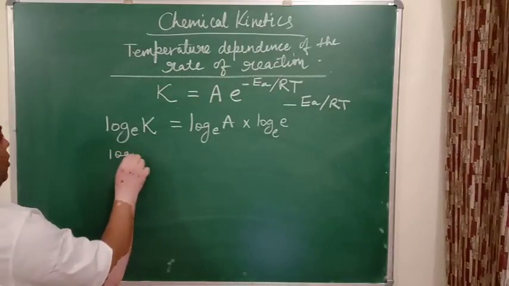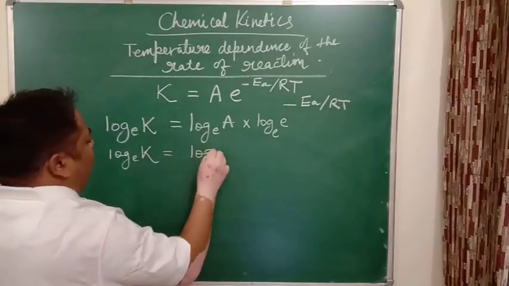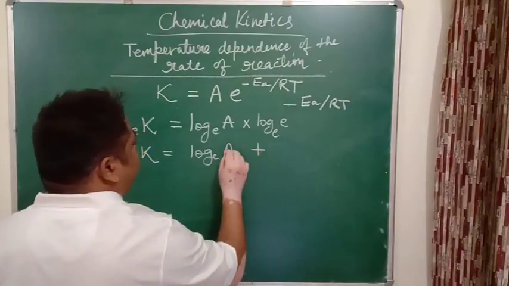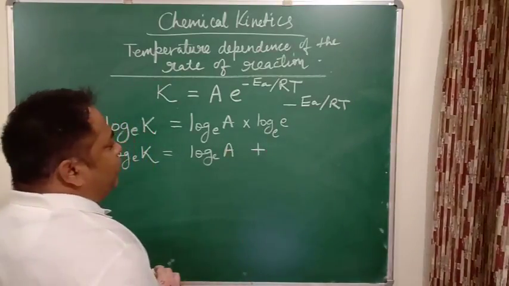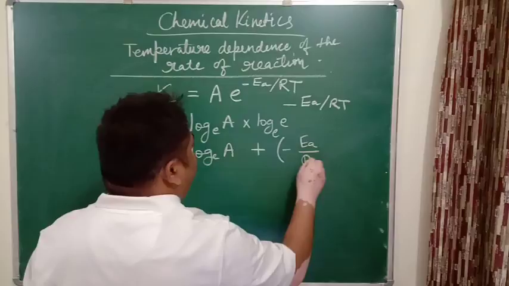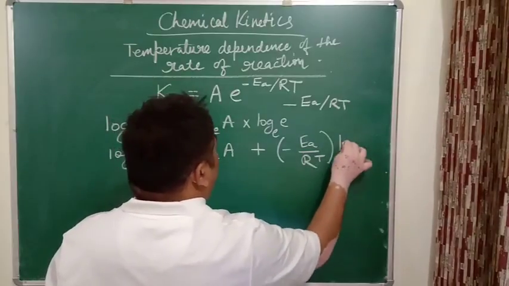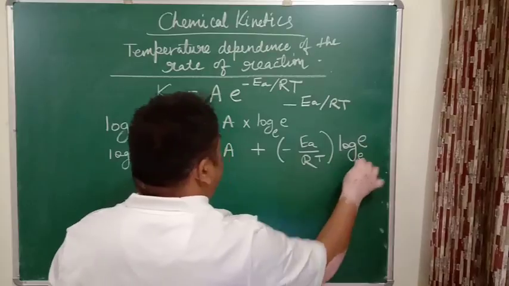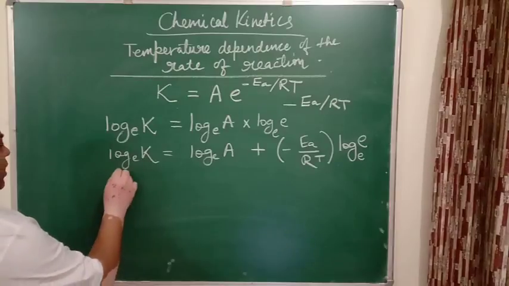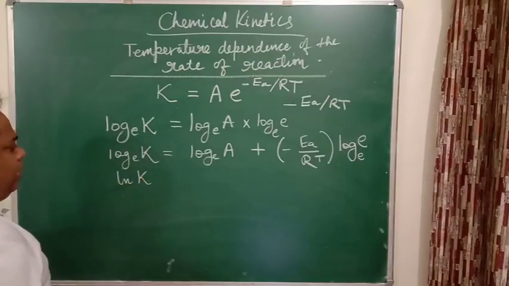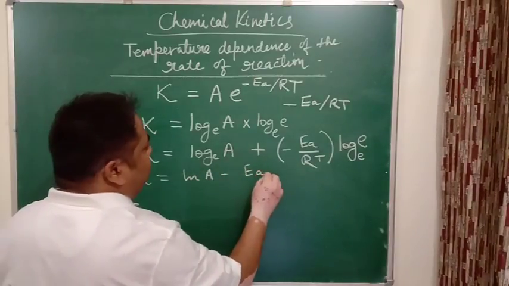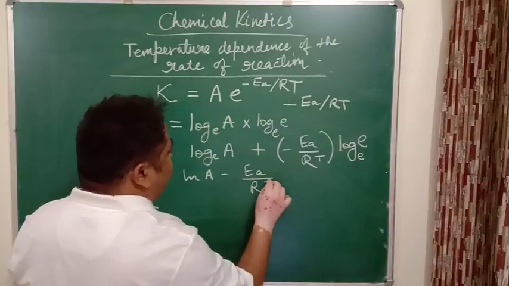Log e base e becomes 1, and the exponent comes in front, so it becomes minus Ea by RT. So we can write this as ln k, natural logarithm of k, equal to ln A minus Ea by RT.